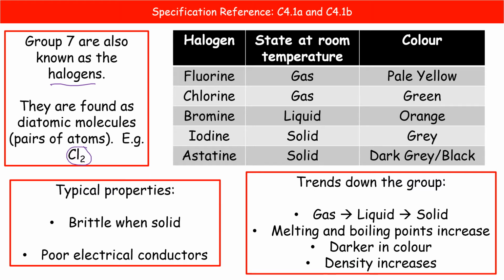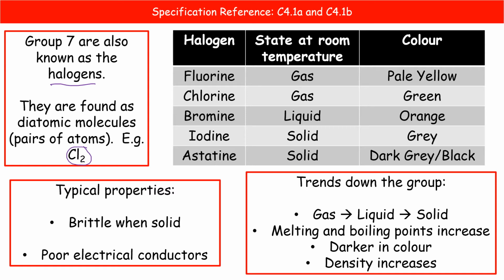If you forget that, you are not getting any marks on any balanced symbol equations that require a halogen. So not even the 1 mark, because the formulas will be wrong and your balancing will be wrong. Please remember, diatomic, little 2 in the bottom right, anytime you write a halogen.